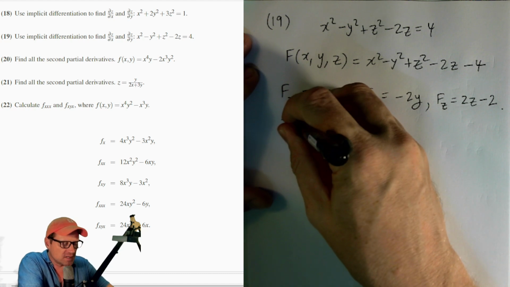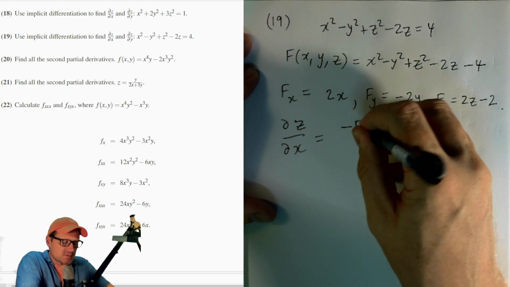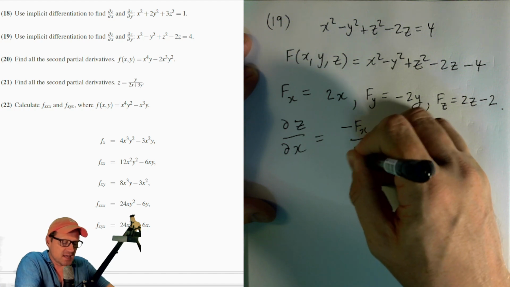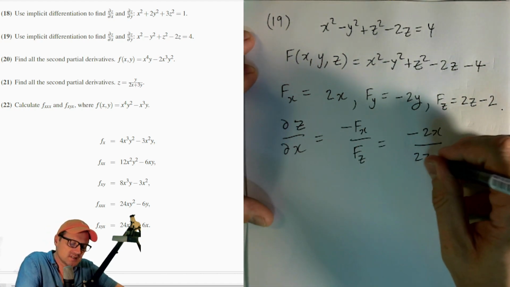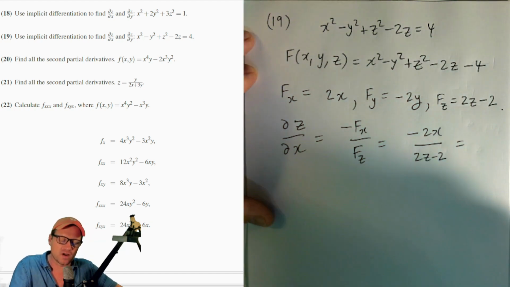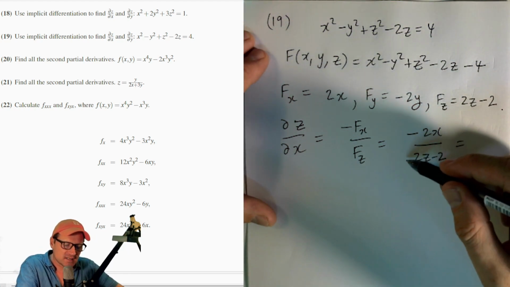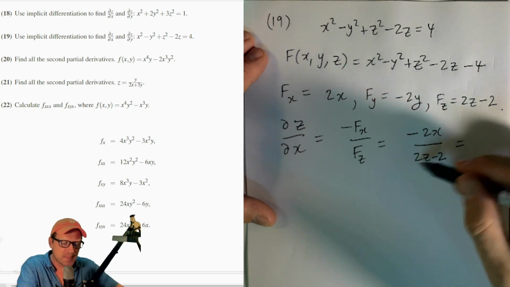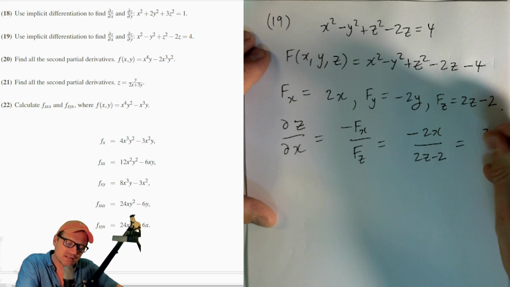So using our formulas, dz on dx is minus f subscript x over f subscript z, which is minus 2x over 2z minus 2. We can simplify this by canceling a 2, and we can also multiply the minus by the denominator, so we can call this x over 1 minus z.